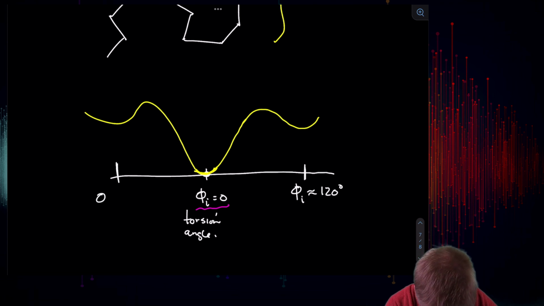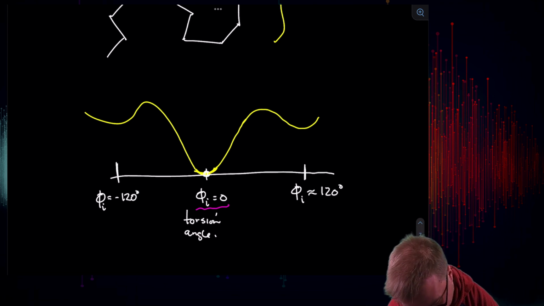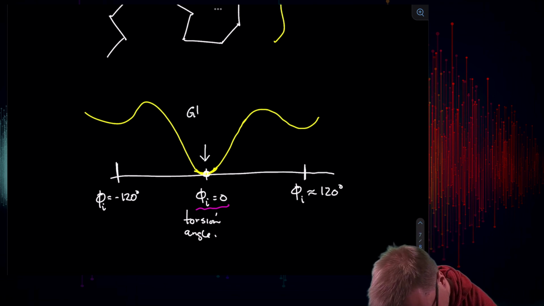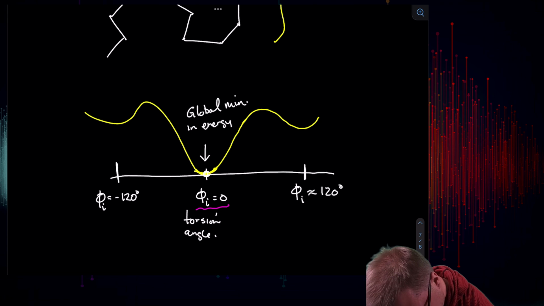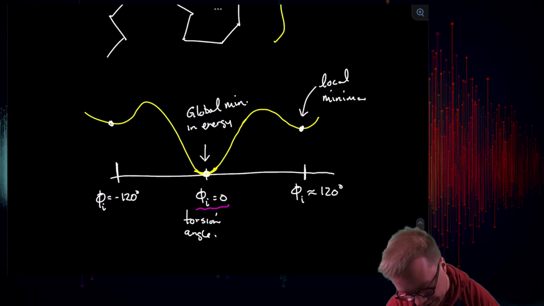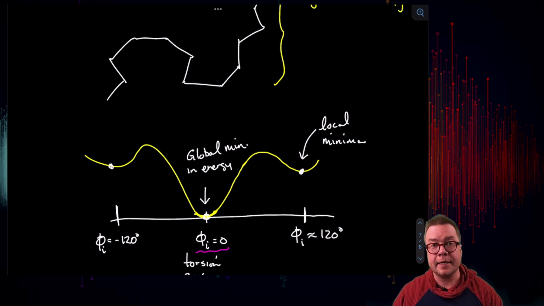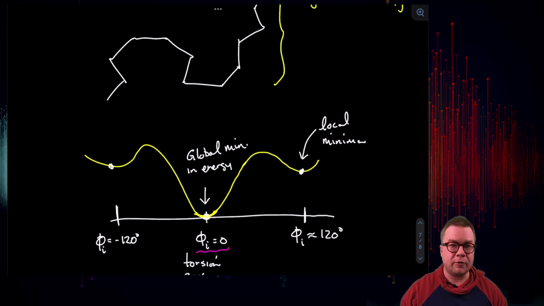Down here you have minus 120 degrees. And what you can see is that while here you have a global minimum in the energy, out here you'll have local minima in the energy.